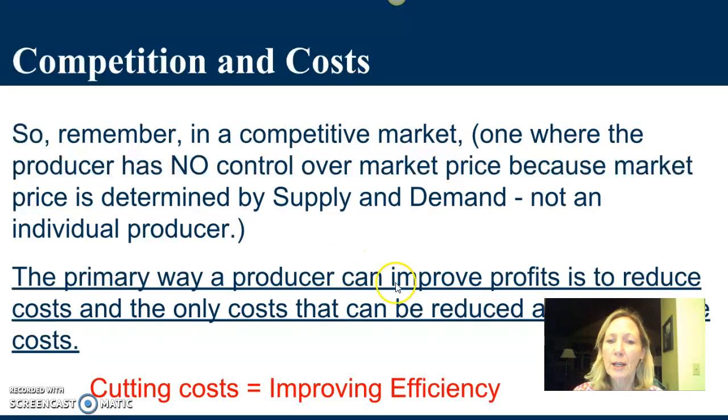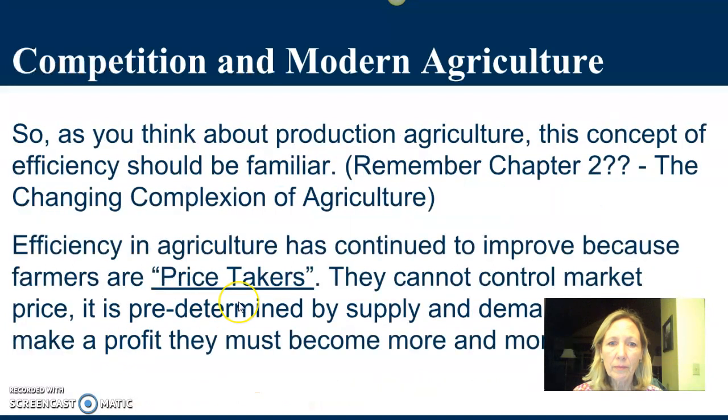The primary way a producer can improve profits in a competitive market is to reduce your costs. And really the only costs that you can reduce are variable costs. So cutting costs means improving efficiency. If you think about production agriculture, like we learned about in chapter 2, where you did the group project on agriculture in the United States, we talked about efficiency and how farms are becoming bigger and have to become more efficient.